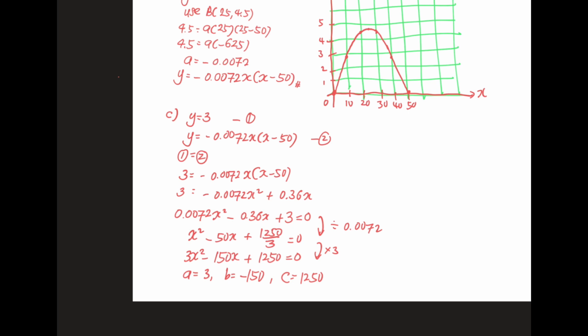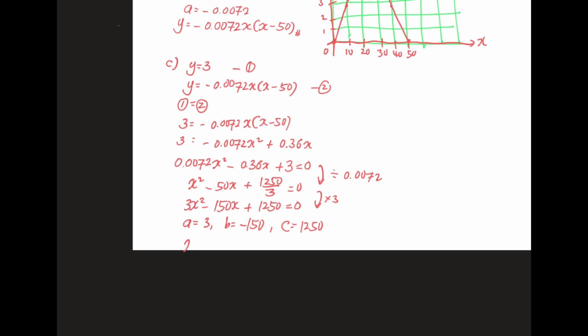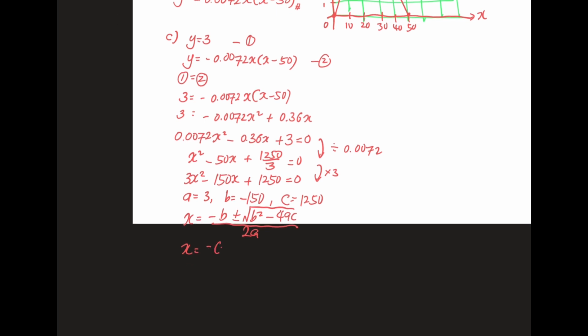Okay, now check my calculator first. Now we use x equal to minus b plus minus square root of b squared minus 4ac, over 2a.